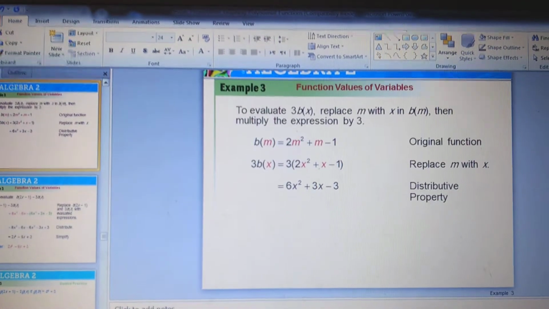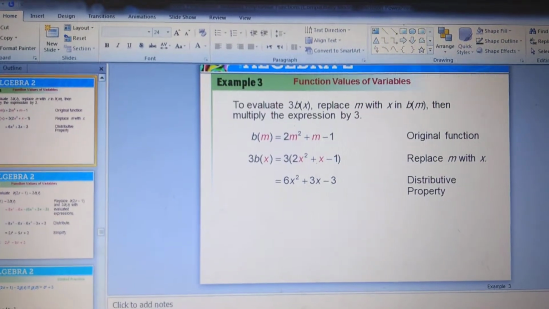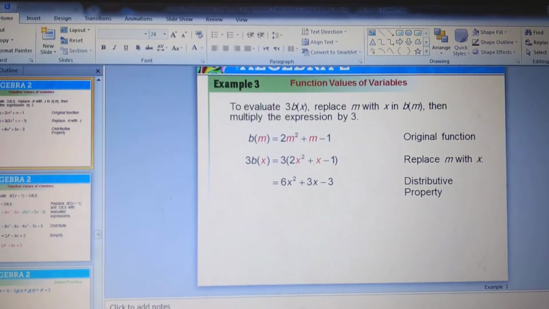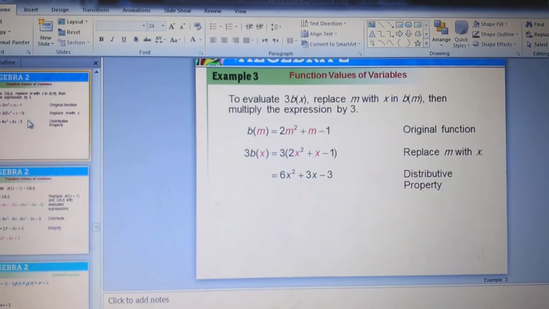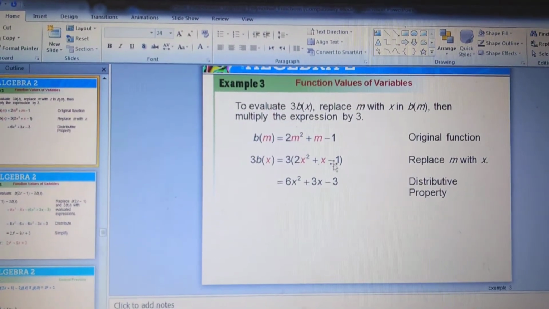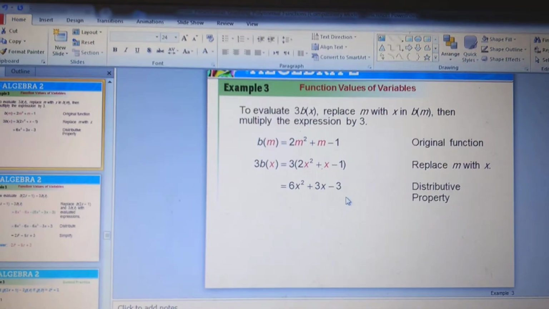Of course, because I replace m by x, but it is multiplied by 3, 3 times 2x squared plus x minus 1 will give you 6x squared plus 3x minus 3.